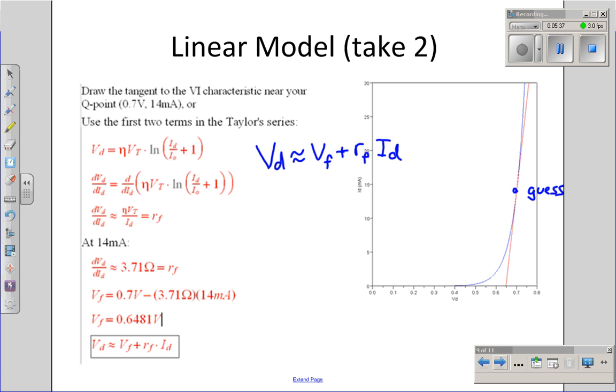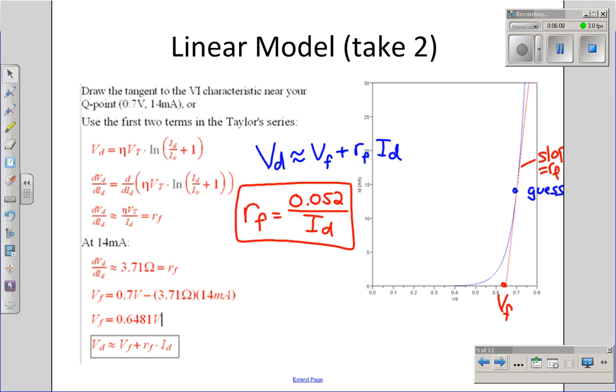The slope is R sub F, and the intersection right here is V sub F. If you take the nonlinear VI characteristics for the diode and differentiate, what you get is that R sub F is nV_T, which for silicon is 0.052 volts, over I sub D. That's the small signal resistance for a diode.